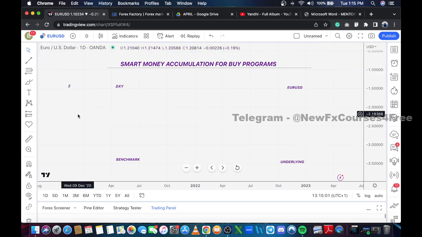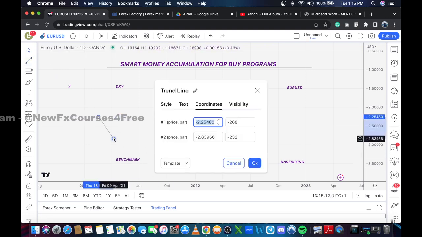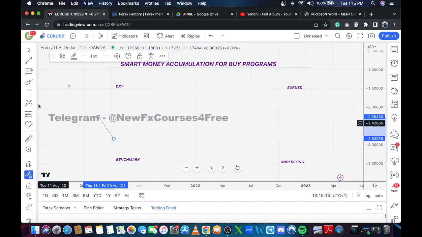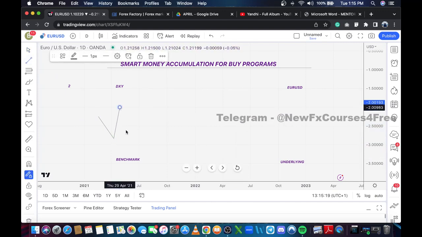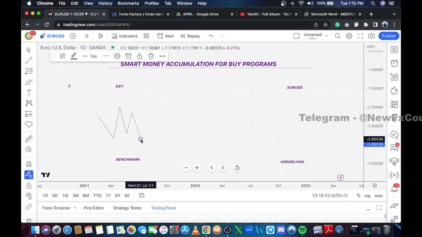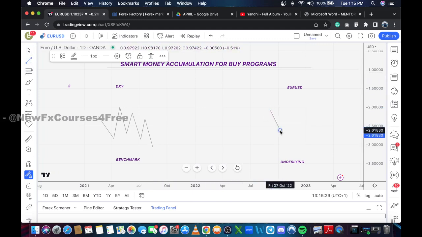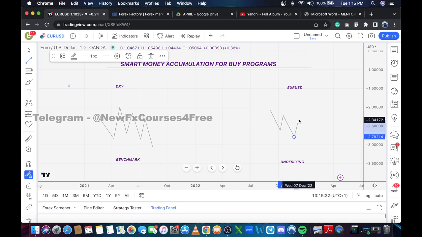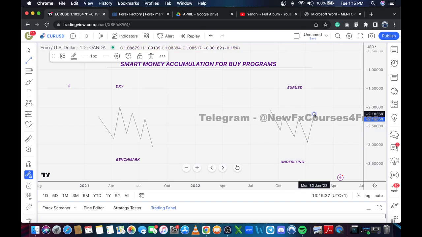Alright, so if dollar's trading lower, okay, then EURUSD is also trading lower. The run on the lows is a stop run.